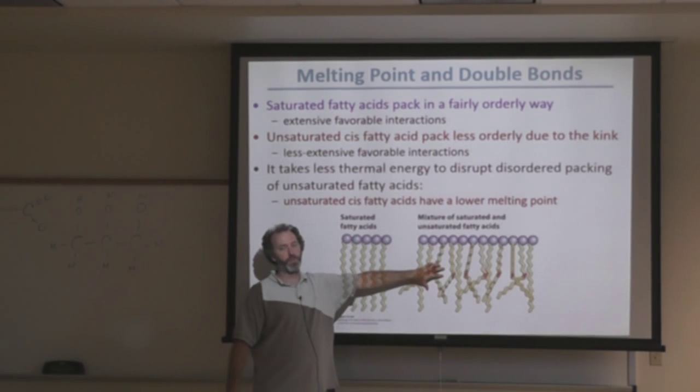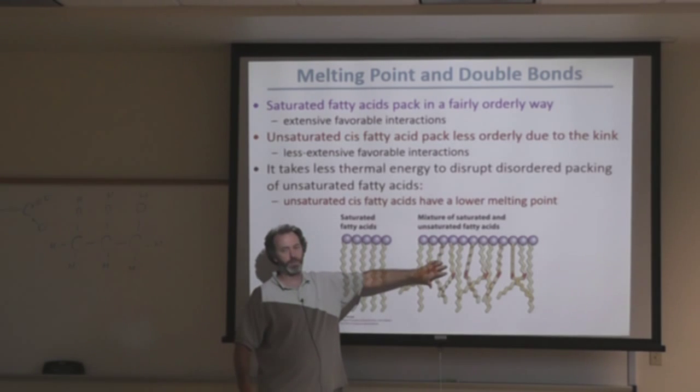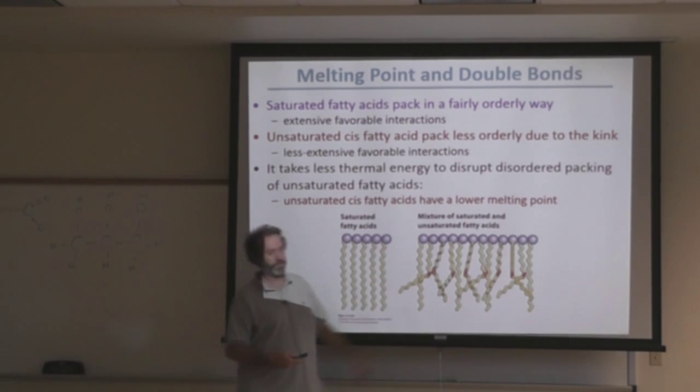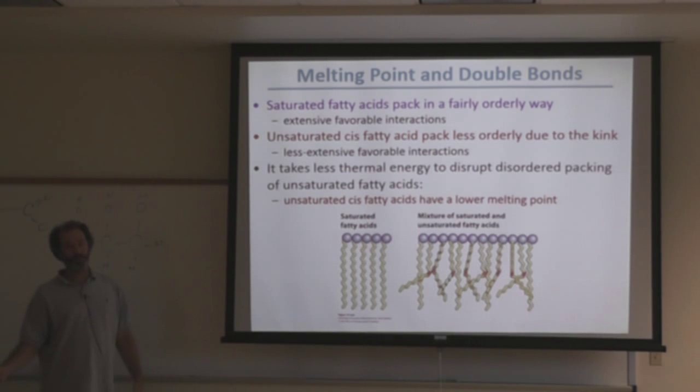Plants grow in a cooler environment, so to have a more fluid membrane there, they're going to have a lot more unsaturated fatty acids. Whereas for mammals anyways, we're growing at 37 degrees, so we're much warmer than a lot of the plants would be.